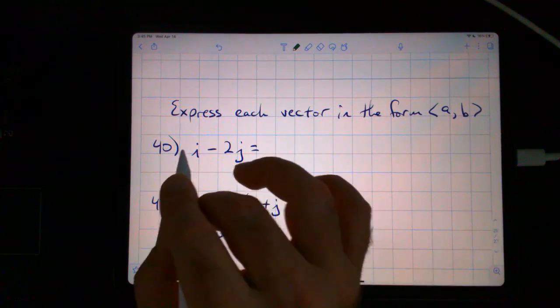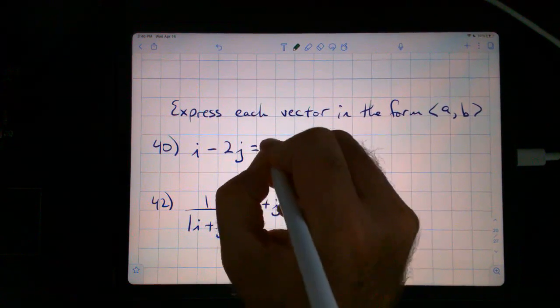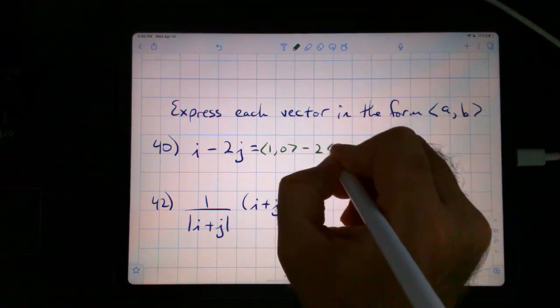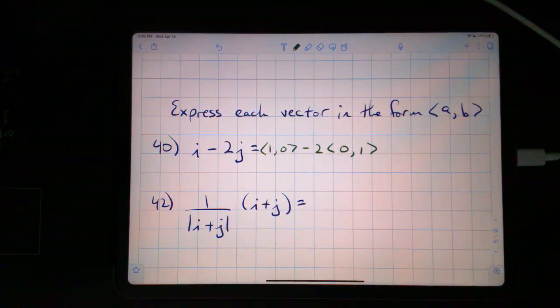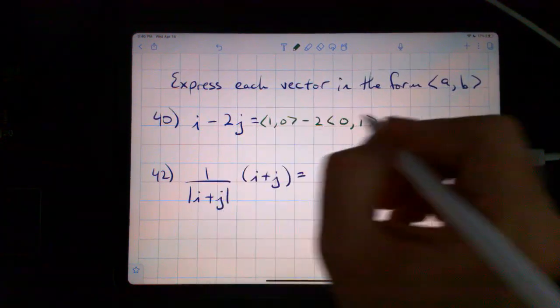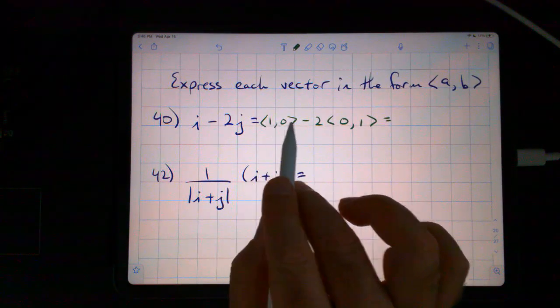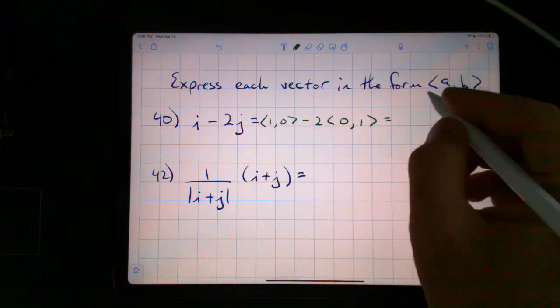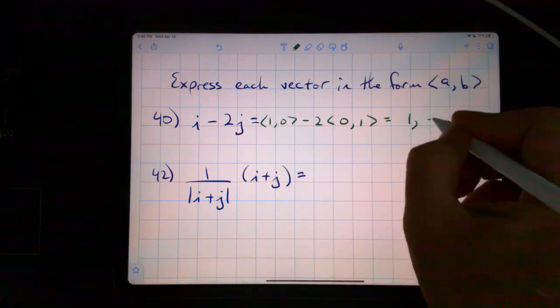Okay, so the I vector is 1, 0, and the J vector is 0, 1. So it's 1 minus 0 would be 1, and then 0 minus 2.